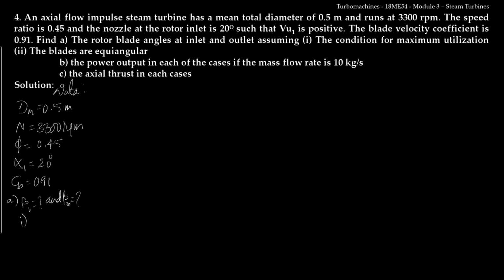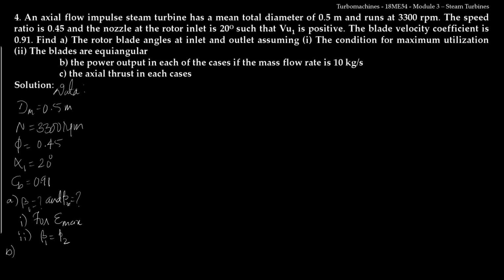The first condition is for epsilon max, that is maximum utilization factor, and the second condition is when the blades are equiangular, that is beta 1 is equal to beta 2. Here the epsilon max condition will not be there for the second case. For the first case, beta 1 and beta 2 can be different or can be the same, and we need to find out the values of beta 1 and beta 2 for these 2 cases.